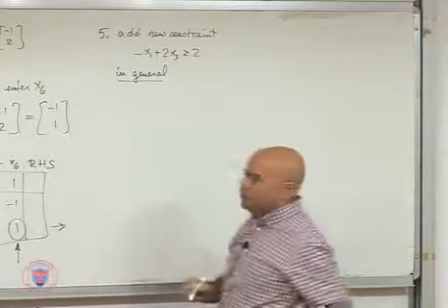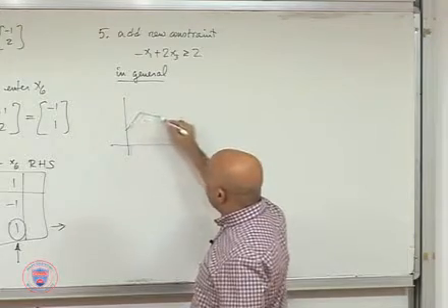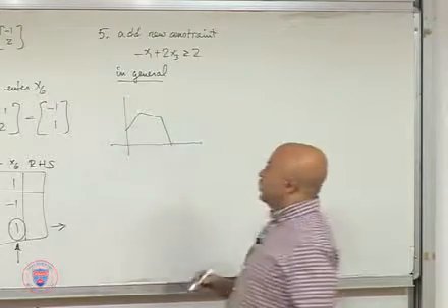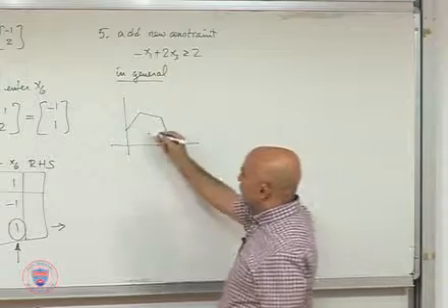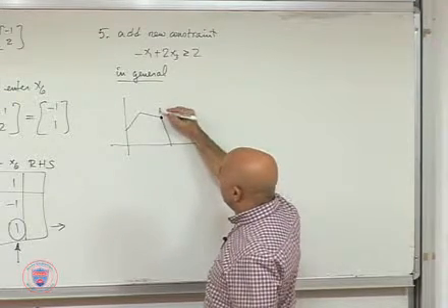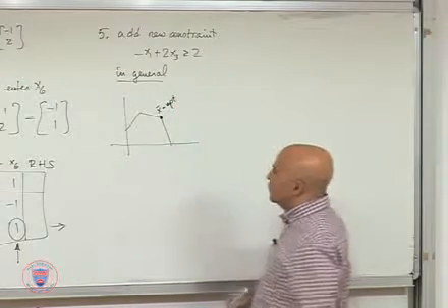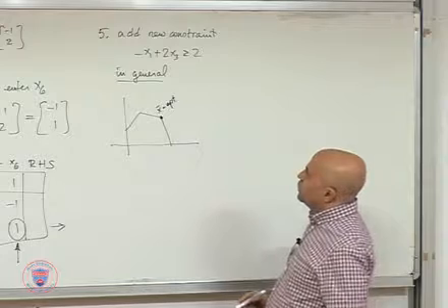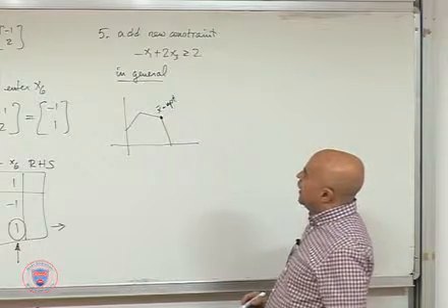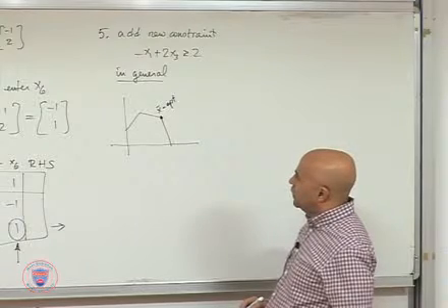Again, in general, the way you should look at this is you've got some kind of a feasible set with the old data. Suppose that's your feasible set, and suppose that's your optimum, say x bar optimum solution here. Now, when you have a new constraint, one of two things can happen.